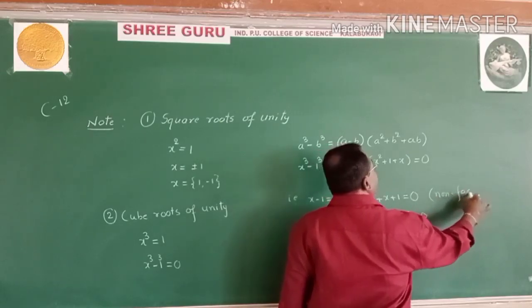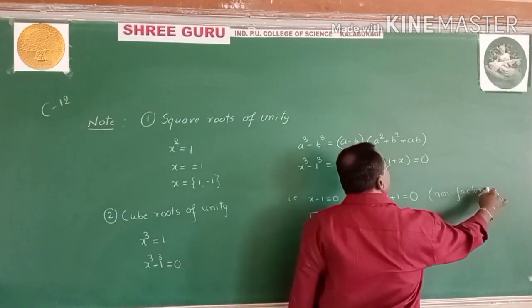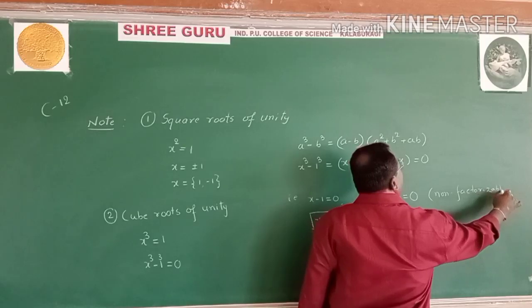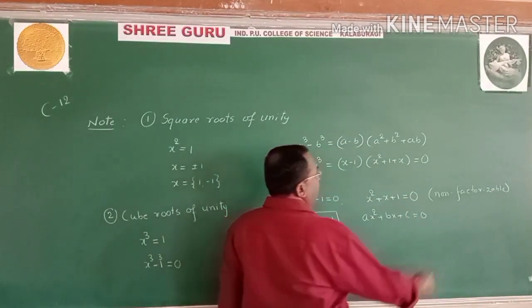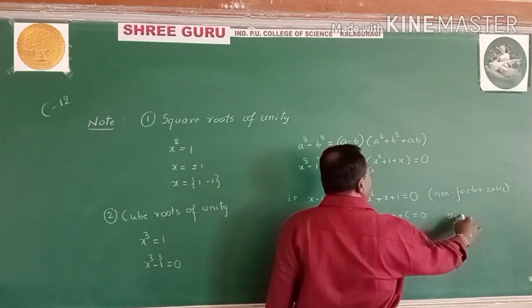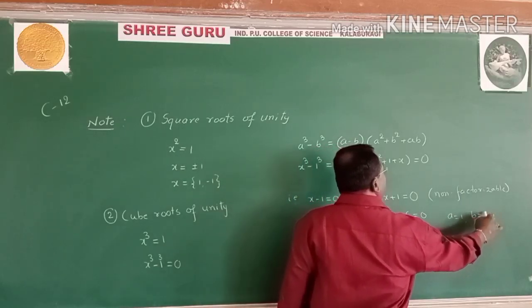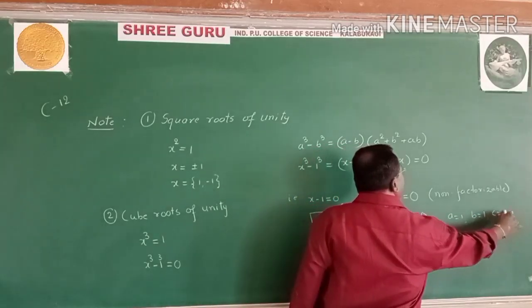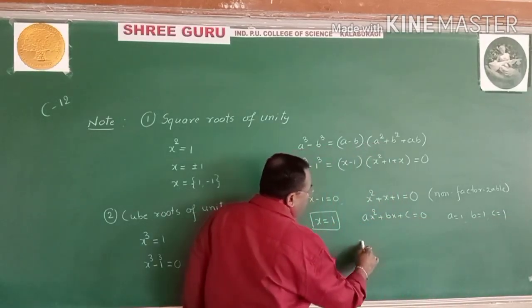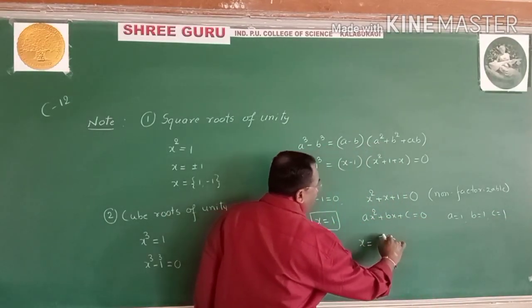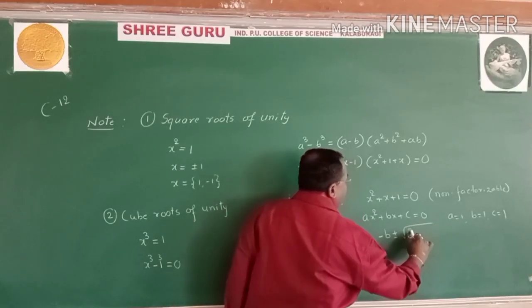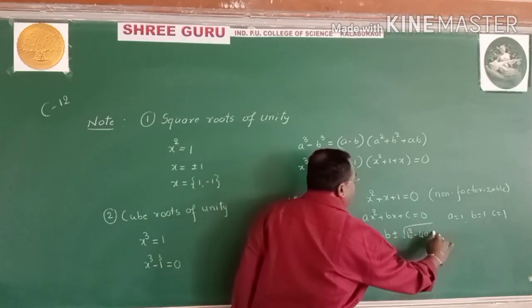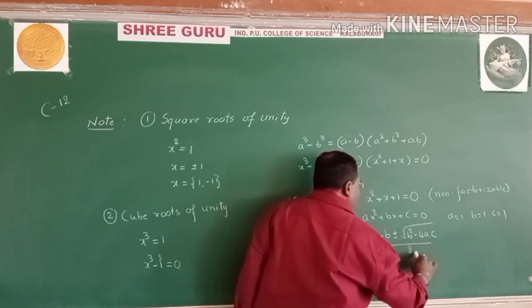Non-factorizable form. In this place, a value is what? 1. B value is what? 1. C value is what? 1. We know that the formula x is equal to minus b plus or minus square root of b square minus 4ac divided by 2a.